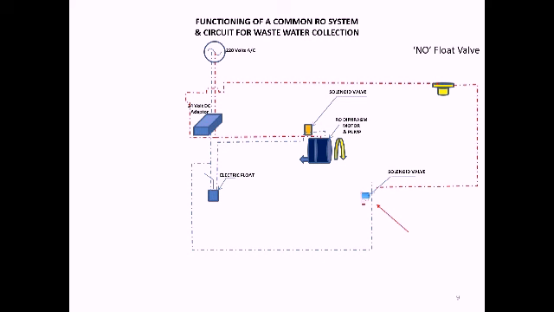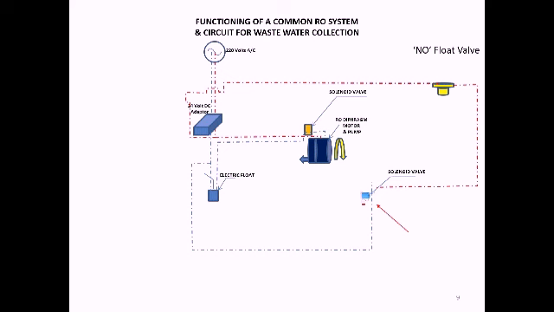Now this is the slide showing the schematic electrical circuit diagram for the RO inside housing, and also for the overhead wastewater storage tank, wherein the NO float valve has been fitted.